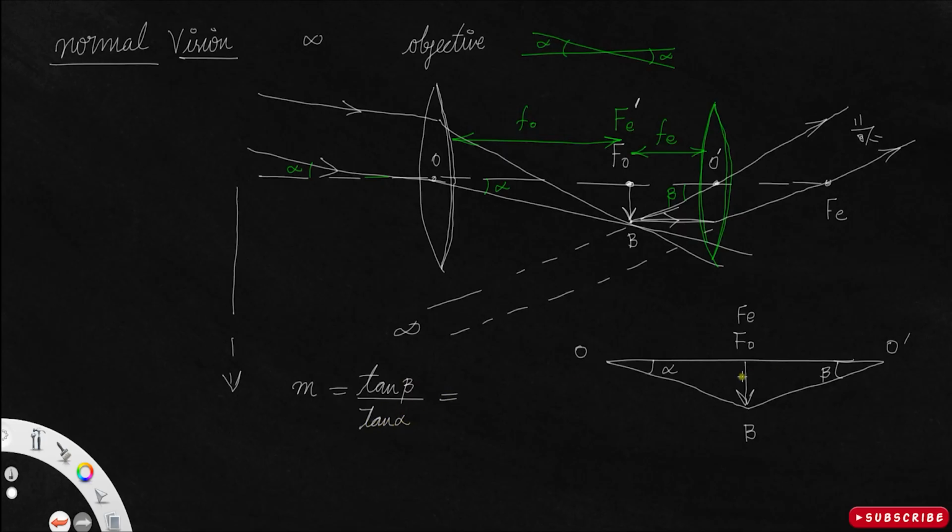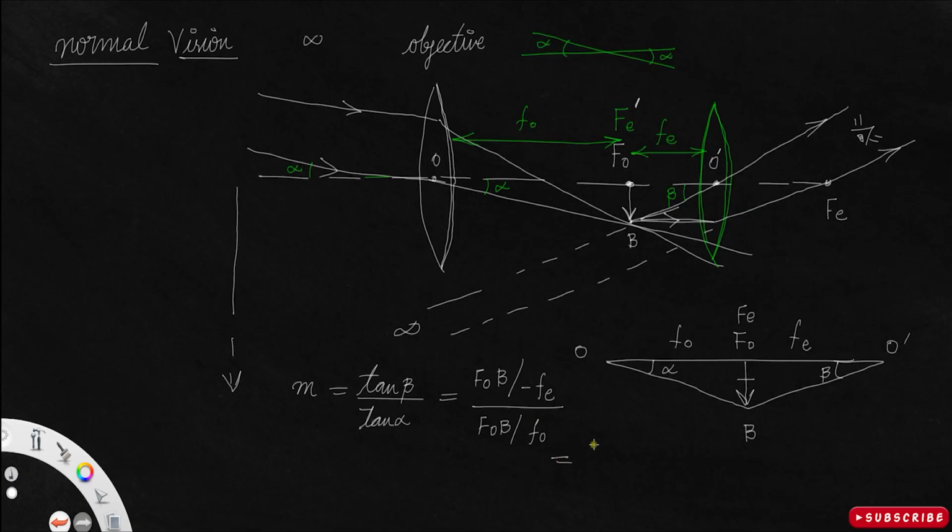Now tan beta is actually FOB divided by, what is this length? This is FE, by minus FE, okay, since it is on the left side. So tan alpha is equal to again FOB divided by FO. This FO is on the right of the objective, so you can take that as positive.